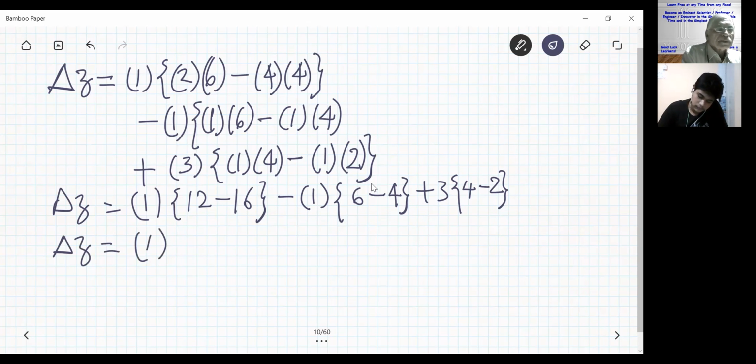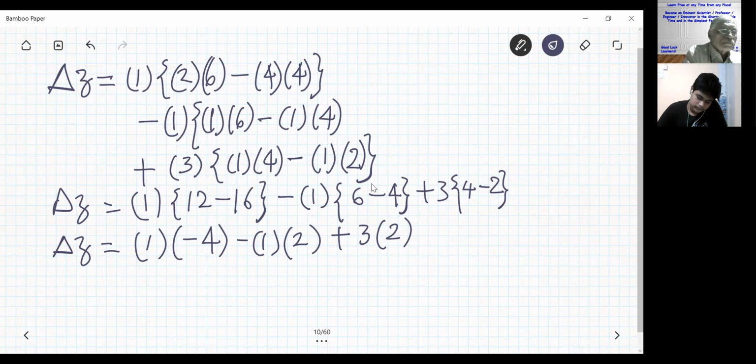So that becomes delta Z is equal to 1 into minus 4 minus of 1 into 6 minus 4 is 2, plus 3 into 4 minus 2 is 2.